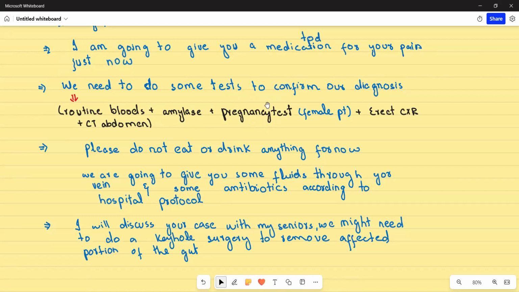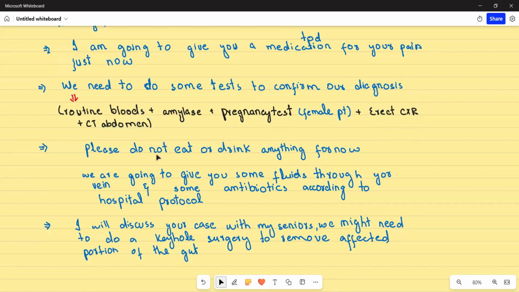If it's a female patient, then you'll tell the patient that we also need to do a pregnancy test to be on the safe side. We'll be doing an erect chest X-ray. So erect chest X-ray is basically to look for the presence of air under the diaphragm to rule out any perforation because of any perforated appendix. Okay, and CT scan of the abdomen.